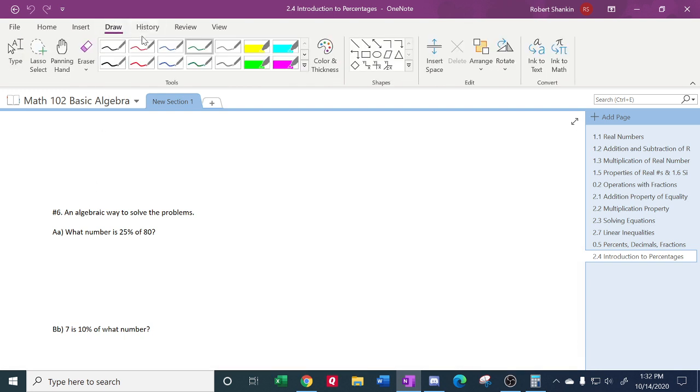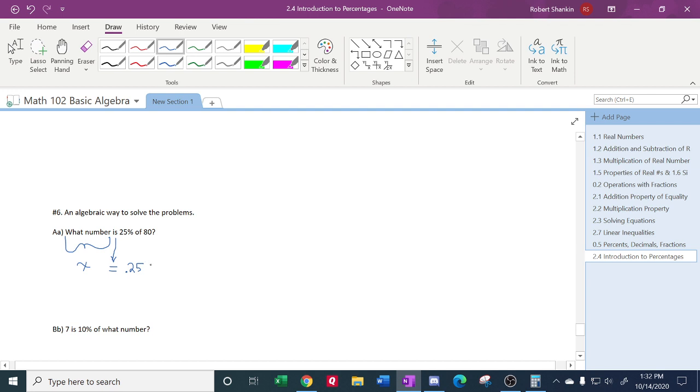We translate word for word. What number translates to x? Is means equals. 25%, I'm going to write it as a decimal because it's really easy to change it into decimal, and it's really easy to punch that into your calculator.